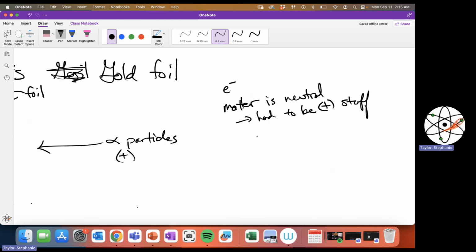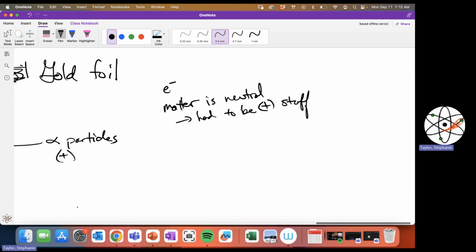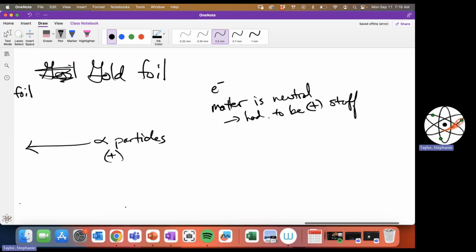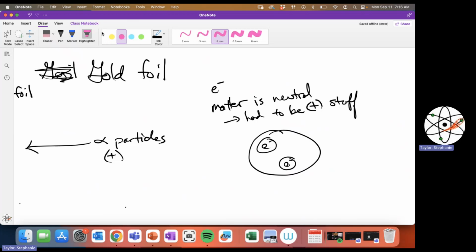But essentially, they're thinking that if they get this foil thin enough, they're going to have such little stuff, and they're thinking that the positive stuff is basically just kind of diffuse things, and that there are electrons hanging out in this diffuse positive stuff, like chocolate chips in a cookie.